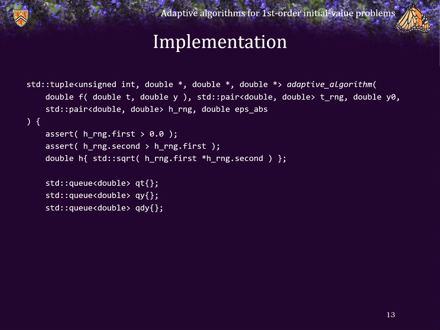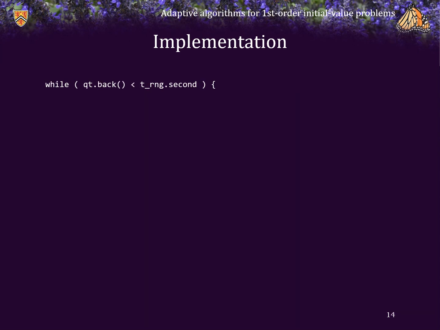Next, we will set up 3 queues, one to store the t-values, one for the y-values, and one for the derivatives at these y-values. We will now push the first values onto each of these queues: the initial t-value, the initial y-value, and the value of the slope at the initial t-value.